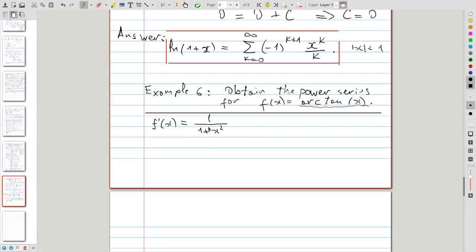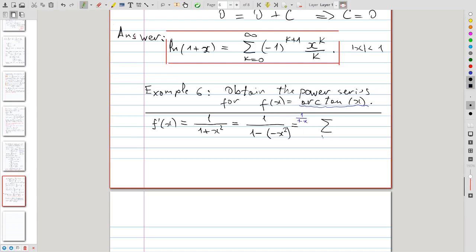Well, this will again be reduced to the geometric series representation that we have, by saying it is equal to 1 over 1 minus minus x squared. And so you see that this is again of the form 1 over 1 minus x, which we can represent by a power series.